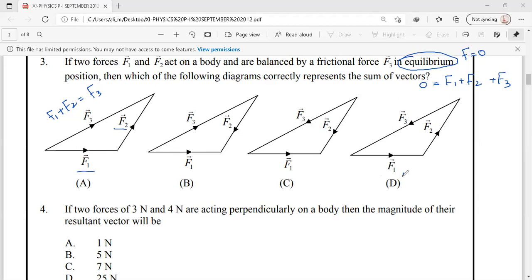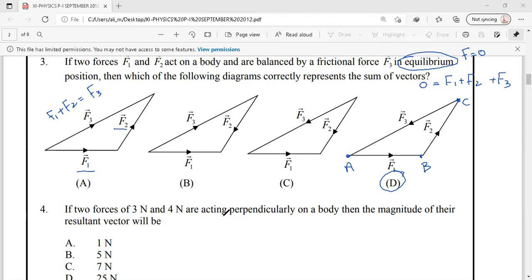So as we can see in the diagram D, the first vector starts at point A and ends at point B. Second vector starts at B and ends at C, and the third vector starts at C and ends at the initial position A. So इस डायग्राम के अंदर जहां फर्स्ट वेक्टर की टेल आ रही है वहीं पर लास्ट वेक्टर का हेड लाई कर रहा है। This means that इस वेक्टर डायग्राम के अंदर जो नेट फोर्स है वो जीरो है। बॉडी इज इन इक्विलिब्रियम। So option D is the right answer in this question number 3.